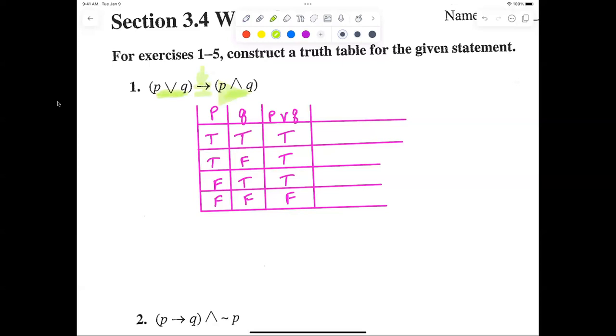All right. So now my next column is what? P and Q, correct? All right, so now I'm doing that. I need help with P and Q. Come on, boys, go. True, true, false, false, false.